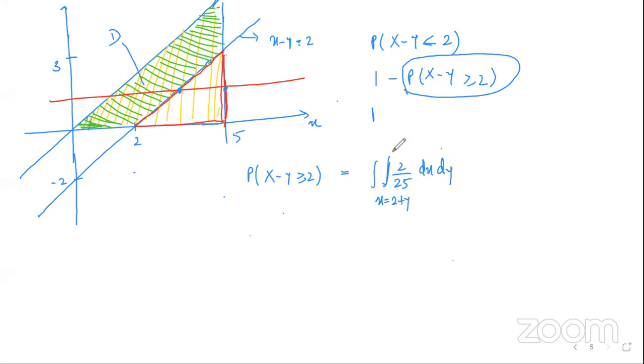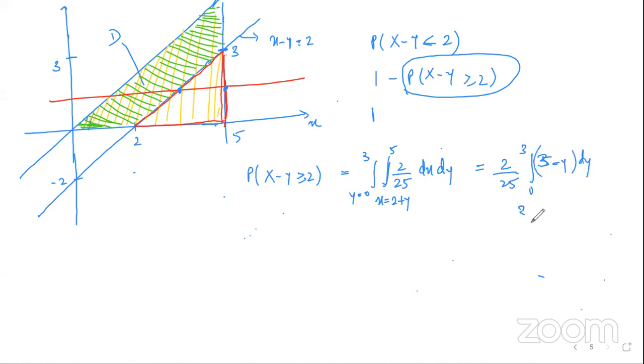Once you fix your x, your y is going to vary from just 0 to this point, right? This point is 3. So y is going to vary from 0 to 3. Once you solve it, you will get 2 upon 25 outside and 0 to 3, 5 minus 2 plus y, that will come out to be 3 minus y dy.